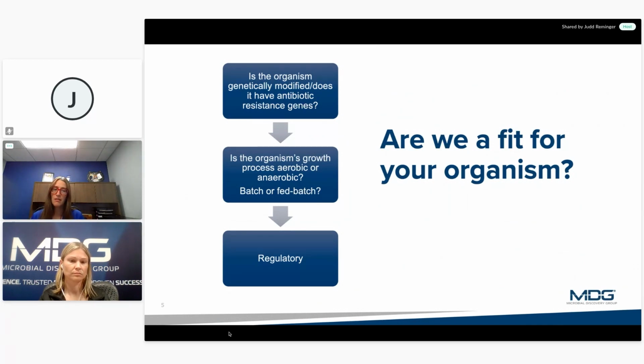Is it a food ingredient strain, goes into beverage or food, maybe you're going to use it in a dietary supplement, or is it for an industrial application? Each of those paths has some different requirements and guidelines that we have to go by to meet the regulatory compliance for food and feed. So that's another thing that we ask, are we a fit for that?